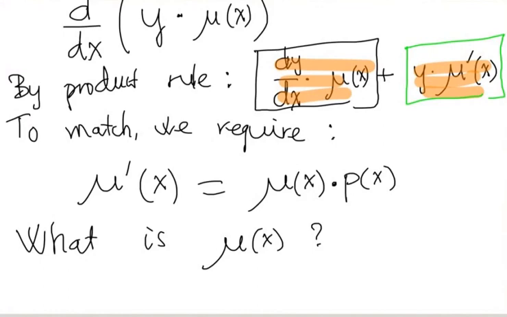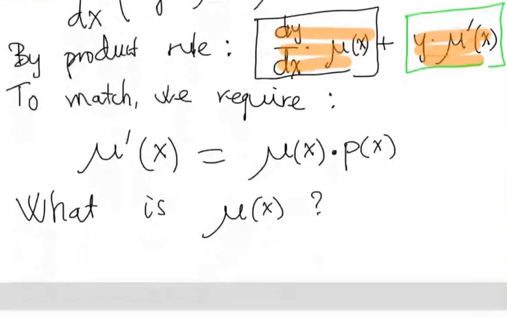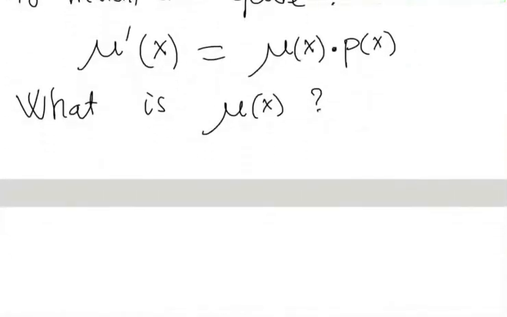Think about calculus 1. What function is such that when you take the derivative, it will be the same one times another factor? Well, you get it right. Exponential function. It should be exponential, but what kind of exponential?